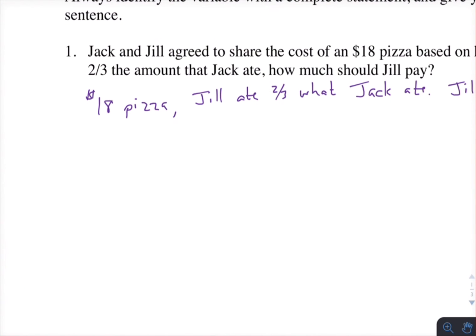So what we're going to do is we always want to assign a variable to the unknowns. So we'll let x equal the amount that Jack pays. And then 2/3 x is going to be the amount that Jill pays.